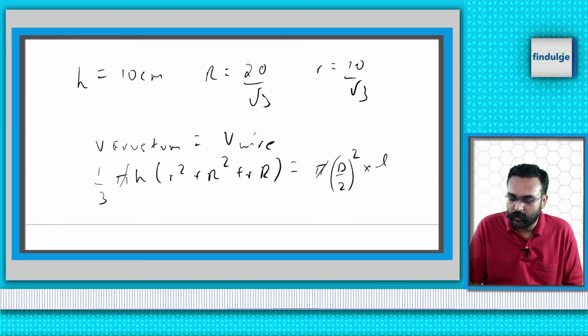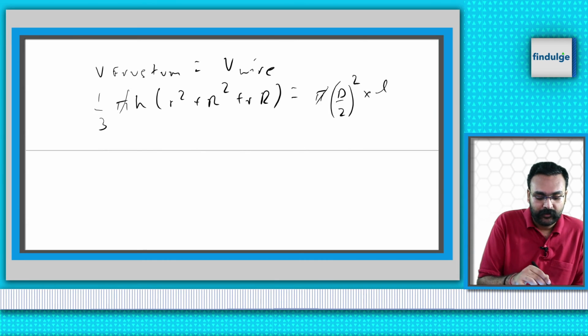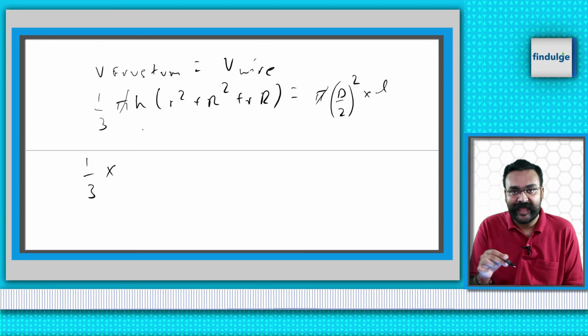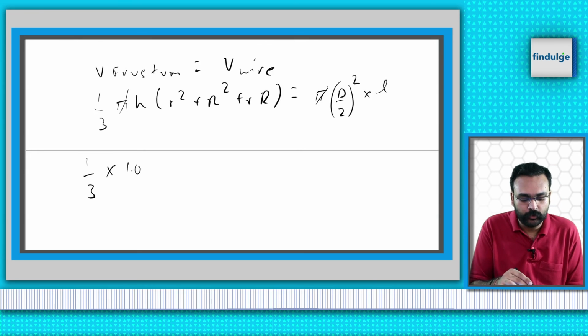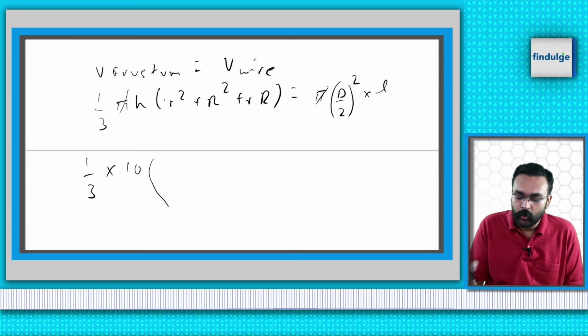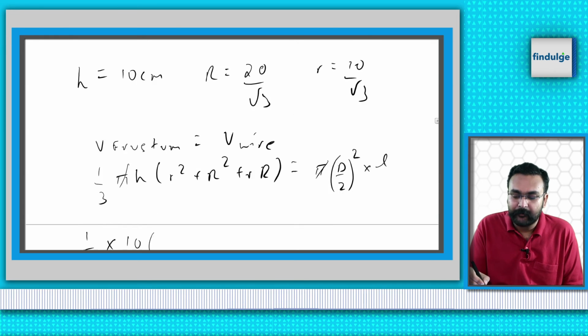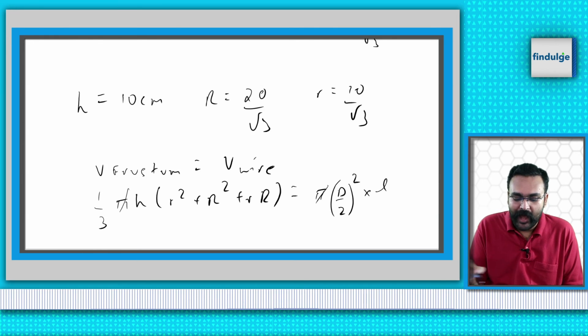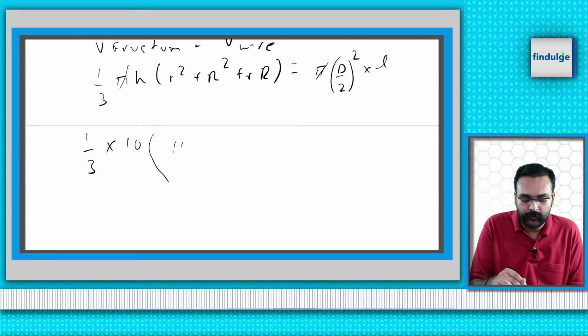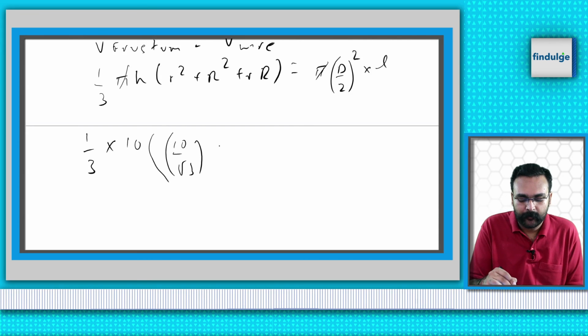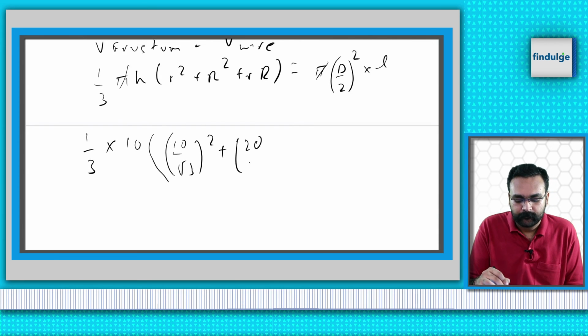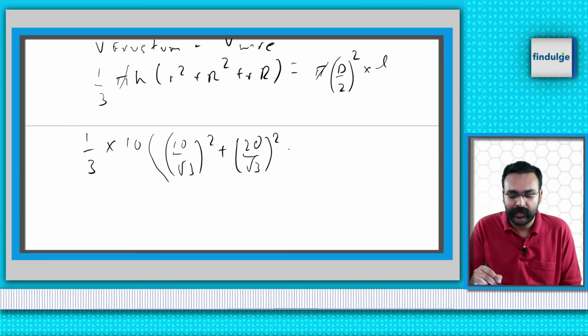Now let's put in all of the values that we know. This is going to be 1 by 3 into h, which is 10, into, in the brackets, now lowercase r was 10 by root 3. You will now see why I told you not to multiply. This will be 10 by root 3 square plus 20 by root 3 square, which is capital R square, plus r into R, which is 10 by root 3 into 20 by root 3.